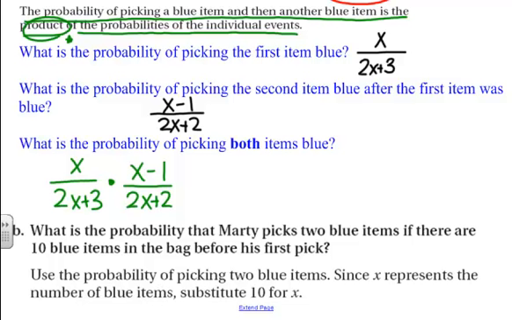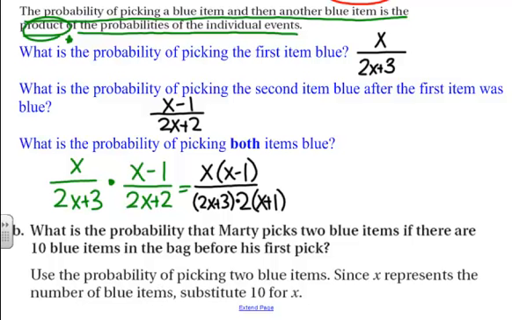See what you can factor out, see what you can simplify. x can't do anything, and x minus 1 can't do anything. And on the bottom, 2x plus 3 we can't do anything with. But then 2x plus 2, I can take out a 2, and I'm left with x plus 1.